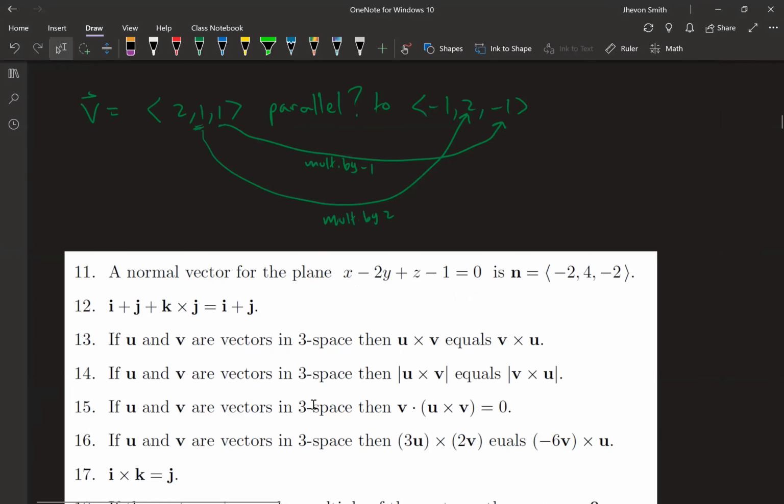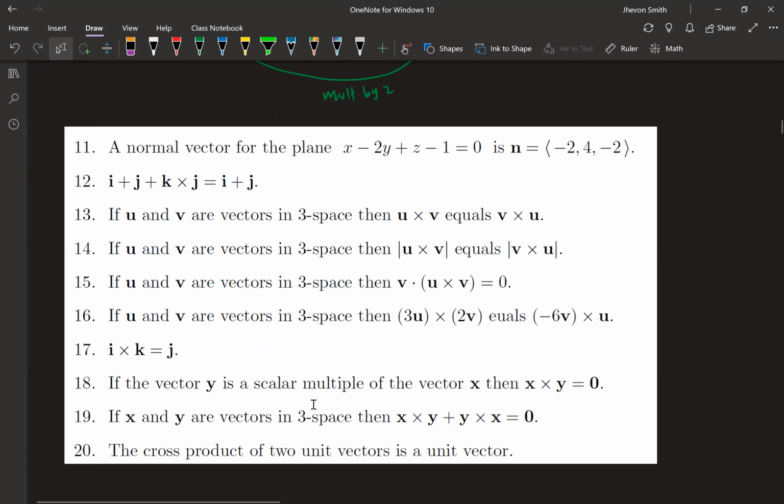All right, let's get back into this. Go, poll launch, problem 11. A normal vector to the plane x minus 2y plus z minus 1 equals 0, is that true or false?